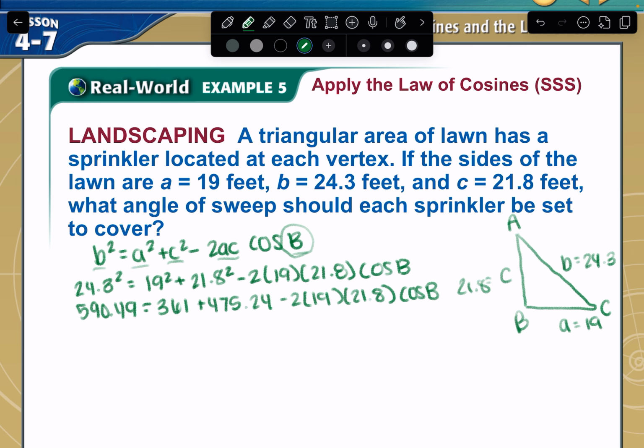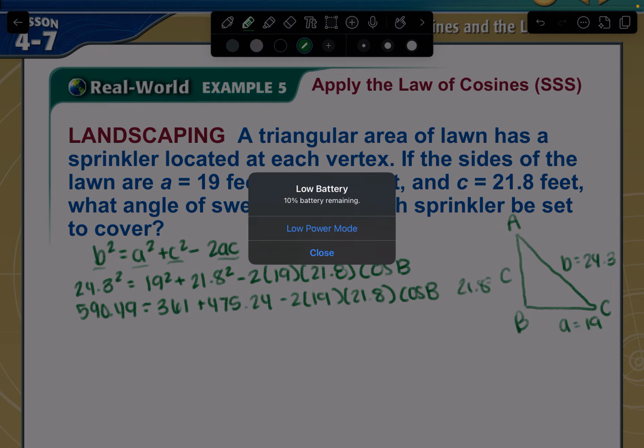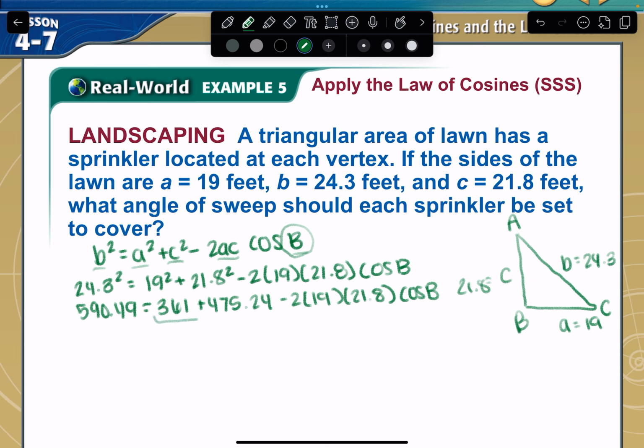From here, I would then add these two things together for your next step. Whenever you add these, you would get 836.24.